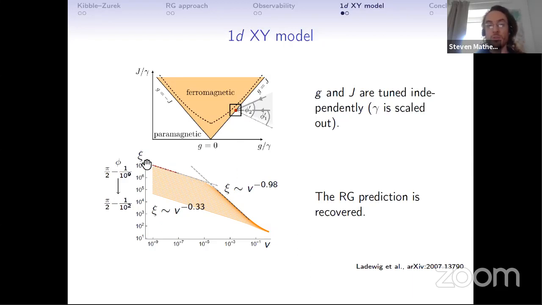So first of all, we see the two different scaling regimes, and the exponents that we measure here are the ones predicted by the RG. And as well, you see that for angles that are very close to pi half, this regime here is large. And as the angle goes away from pi half, then the crossover moves to the right as expected.